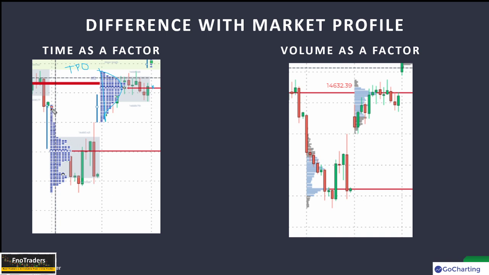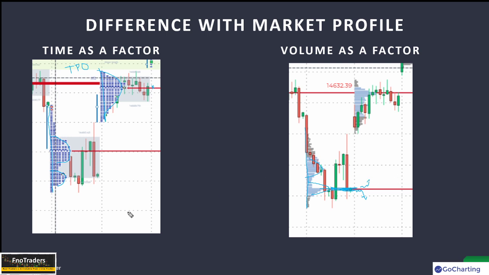For example, this is the TPO for the day. The width of this and the width of this is largely similar, not much to choose from. But if you see the same day, same candle, volume profile, the width of this is significantly less than the width of this, because while the time spent here is less, the market did trade a lot of volume in this zone. So this zone tomorrow becomes a reference for a bullish or bearish bias for me.